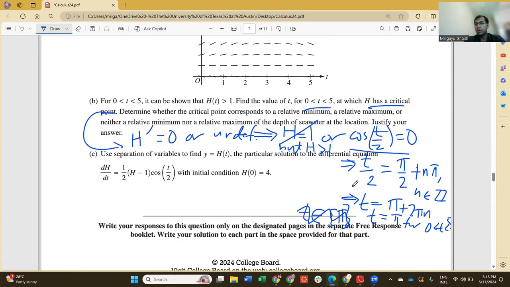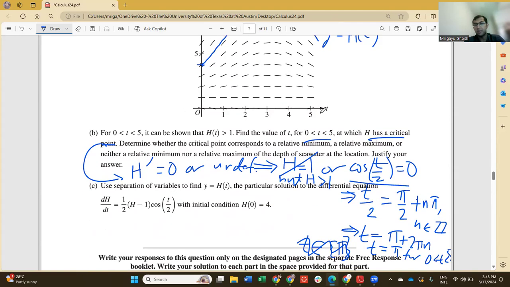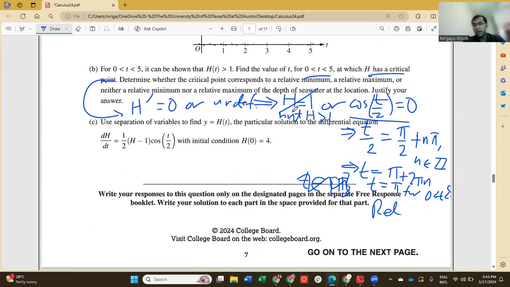So t equals pi is the only critical value. And then, whether that's a relative minimum, maximum, or neither, well, the graph here makes it look like it's a relative maximum. So I'll write that down.